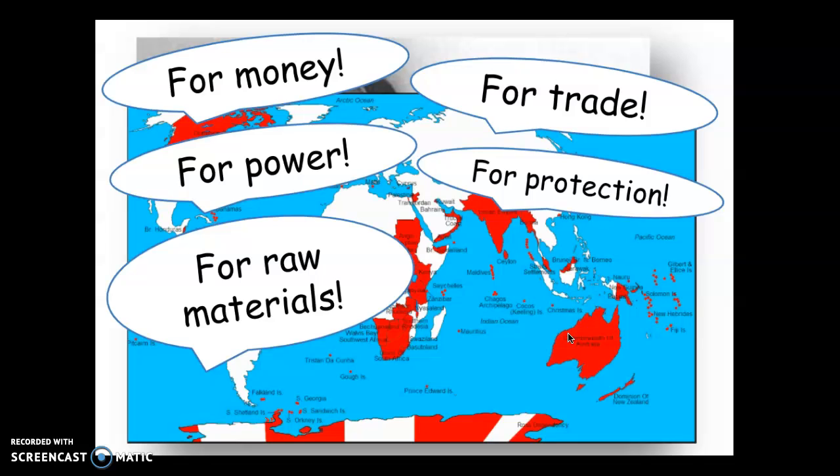And so raw materials that can be harvested from their colonies, whether it's the 13 colonies or Australia or Africa or wherever, are going to be in high demand.